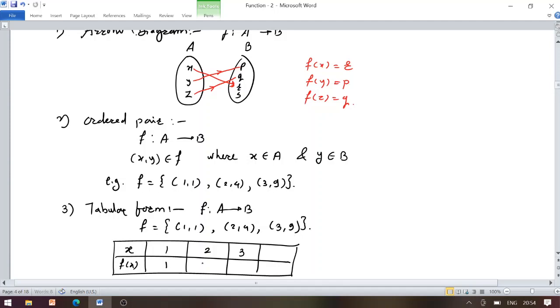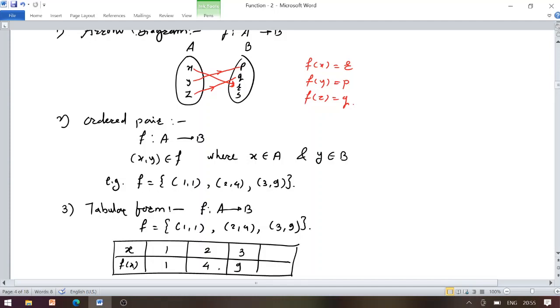So the second component is 1 when the first component is 1, 4 when the first is 2, and 9 when the first is 3. This is the tabular form of the function.